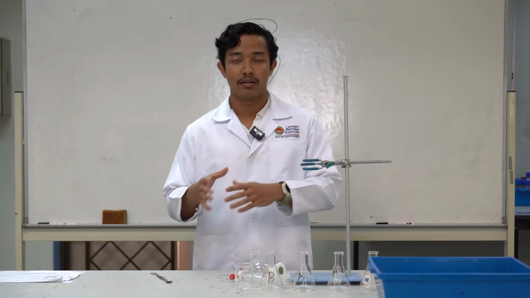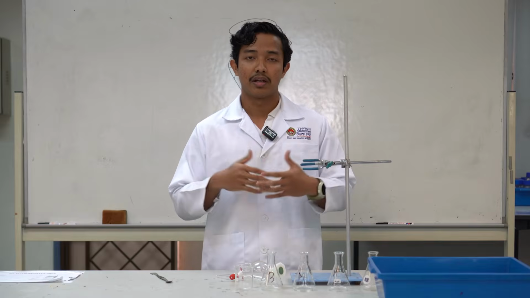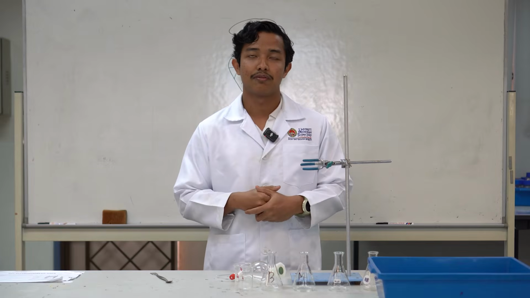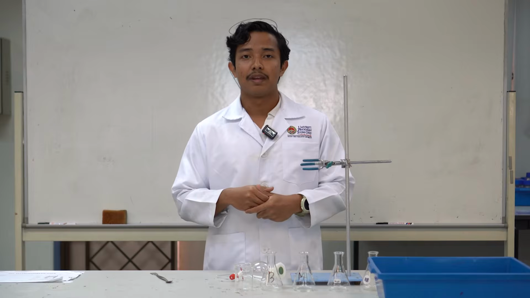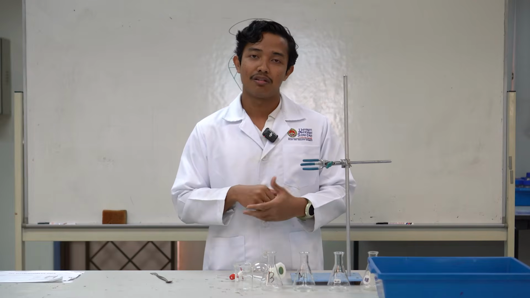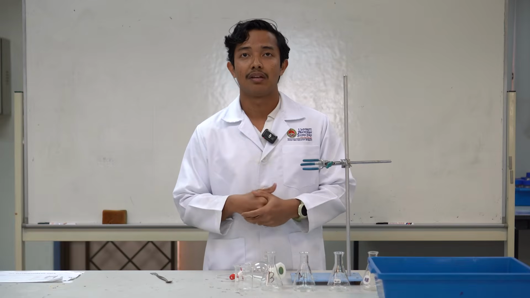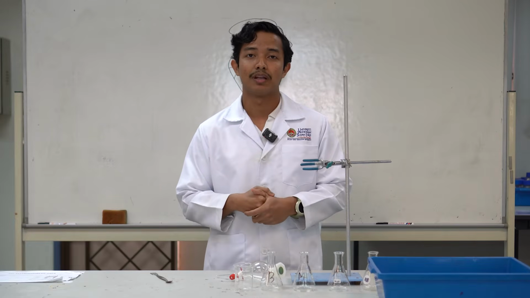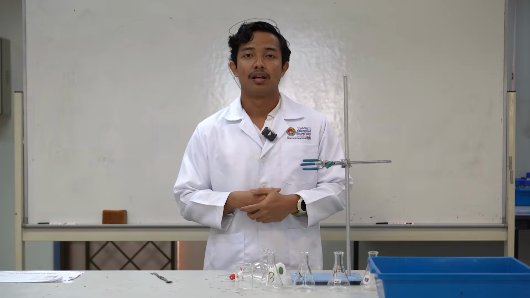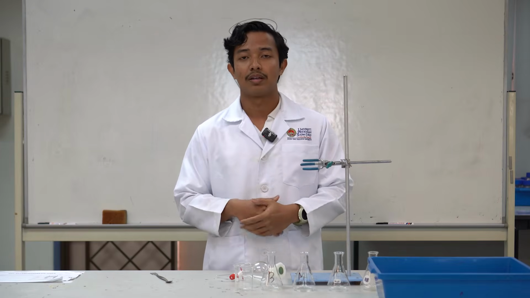In order to separate them, we use an organic solvent called sulfolane, and the non-aromatic hydrocarbon will dissolve in sulfolane, and then after that we can separate the non-aromatic and aromatic hydrocarbons.